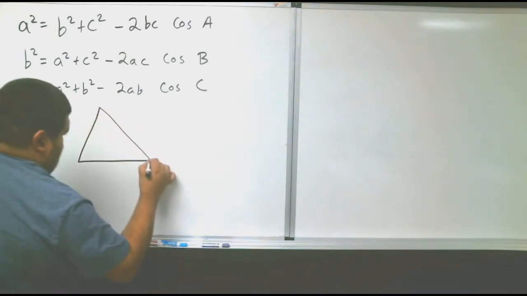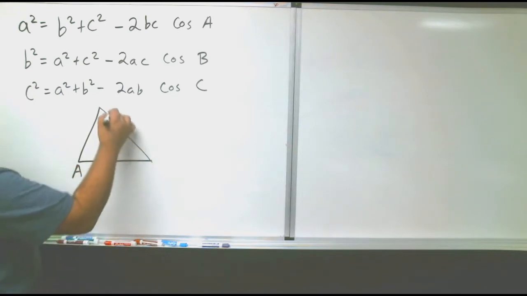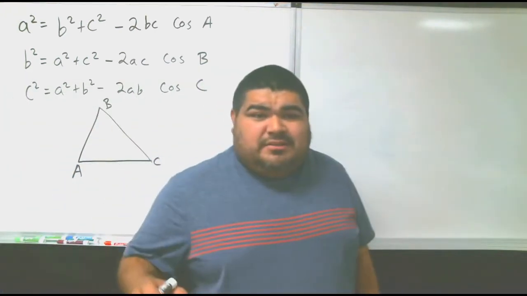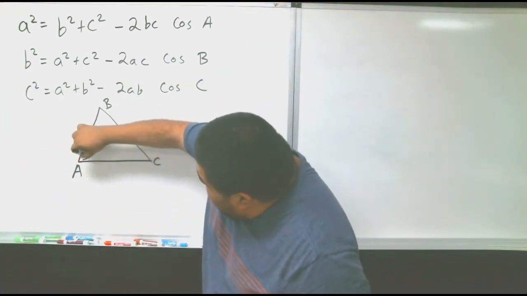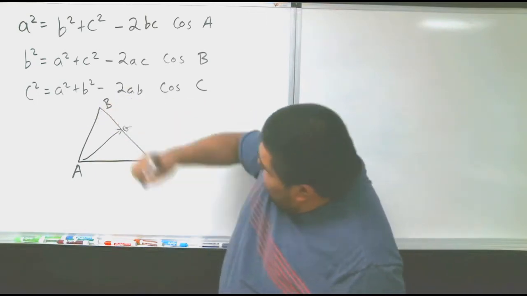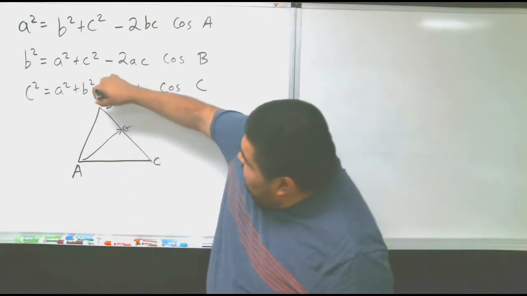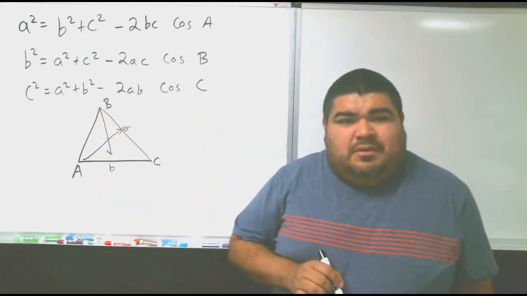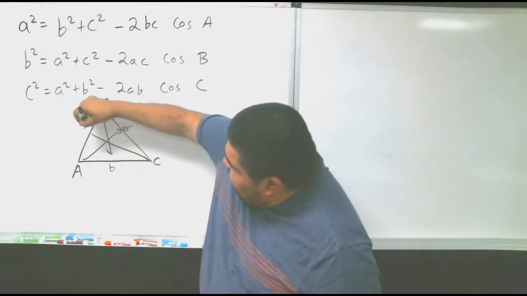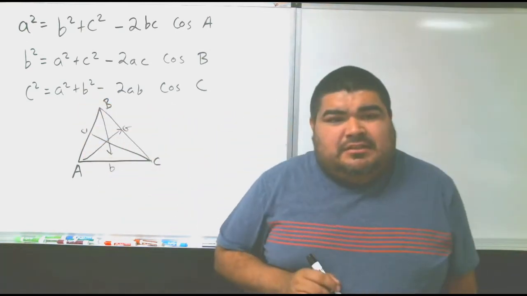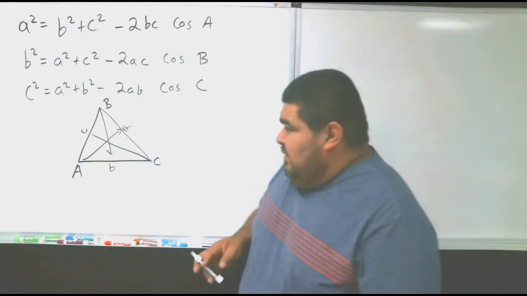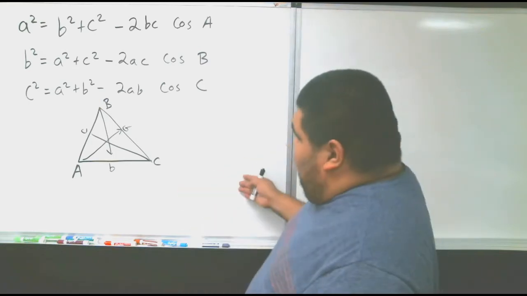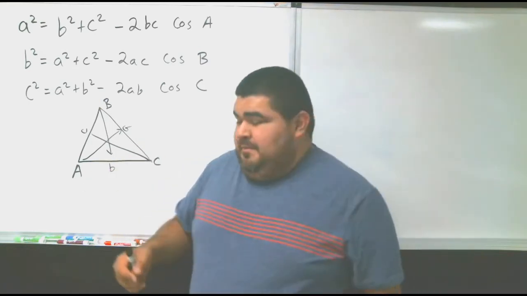If you have capital A, capital B, and capital C, across from A the side is little a, across from B is little b, and across from capital C is lowercase c. So again, you need to have two sides and one angle in order to solve for that third side.